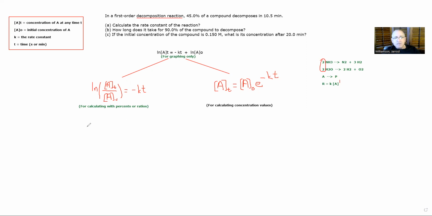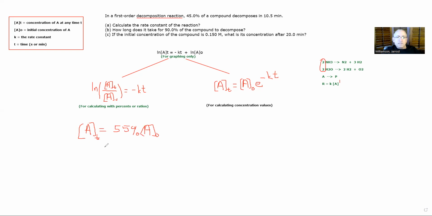That means At is equal to 55% of the original amount after 10.5 minutes.